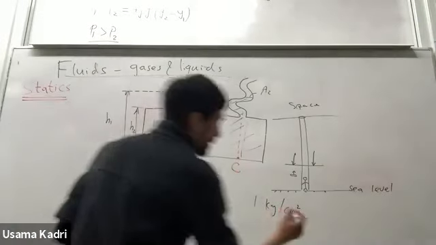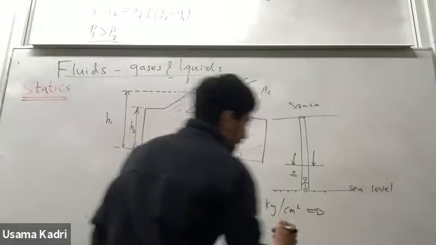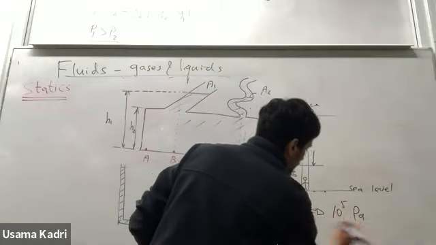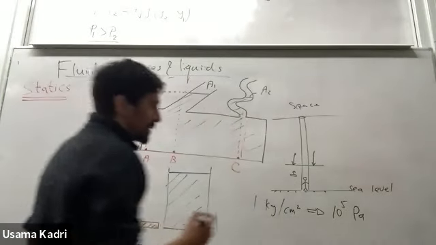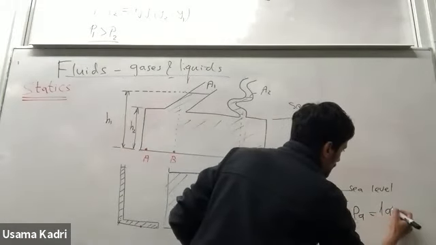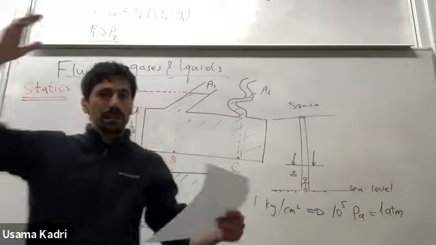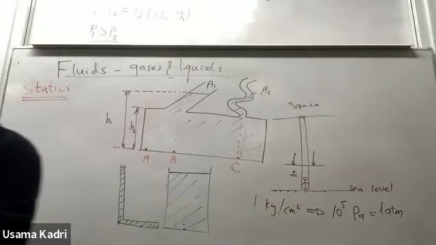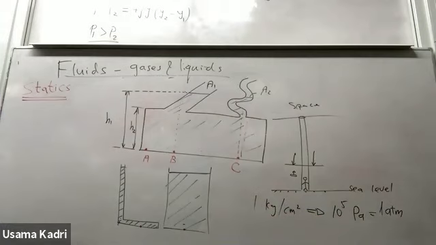This can be written also as 10 to the power 5 pascals, which is 1 atmosphere. So when we say there's 1 atmosphere pressure, this is what we're talking about.